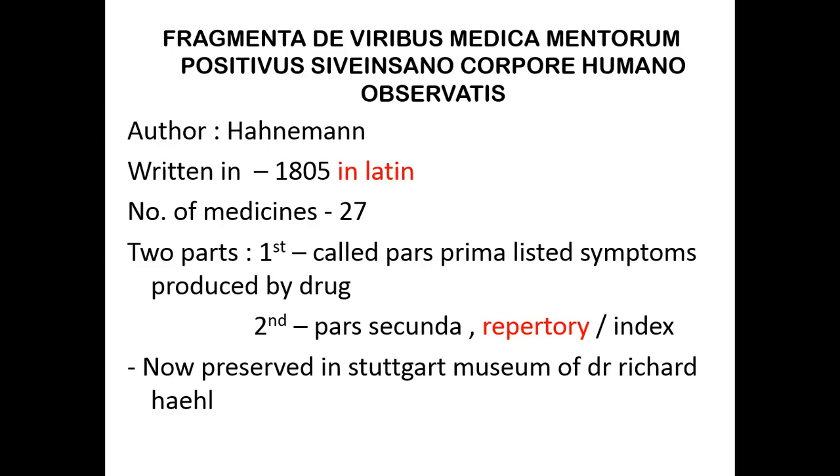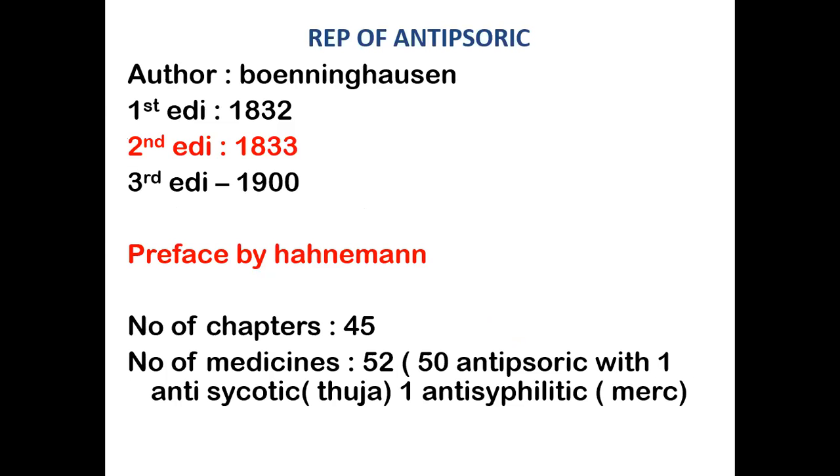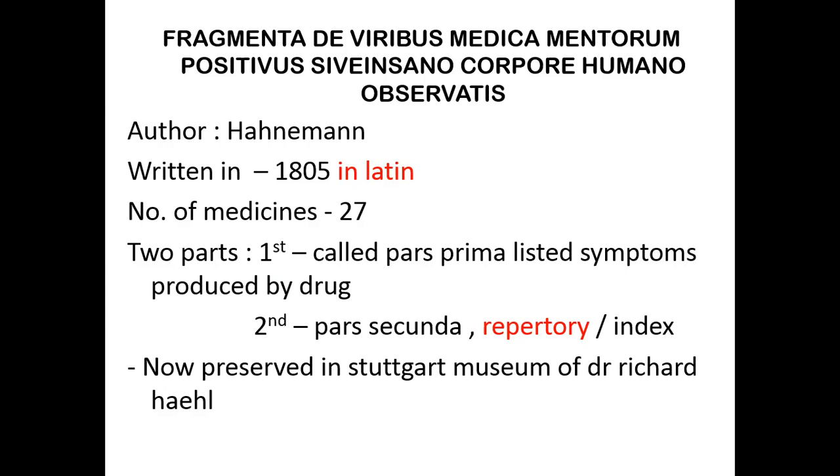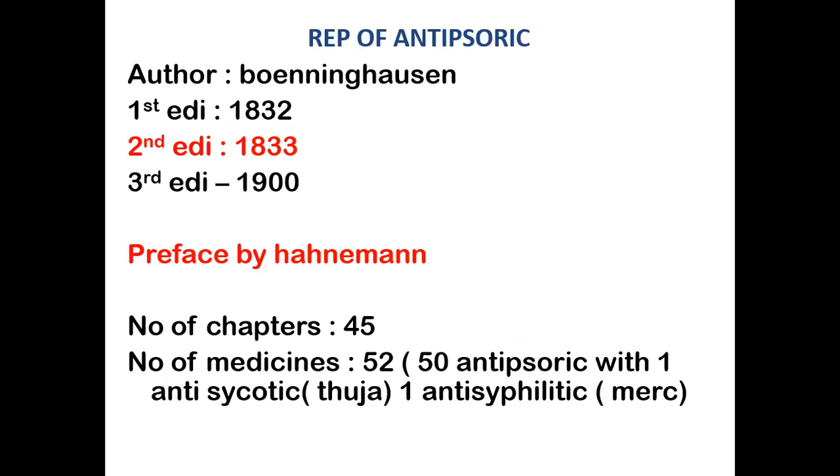Now, it is preserved in the Stuttgart Museum of Dr. Richard Hell. It's again important. So this topic is very important. Now, repertory of antipsoric. Author Bonninghausen, first edition in 1832, second edition in 1833, and third edition in 1900.